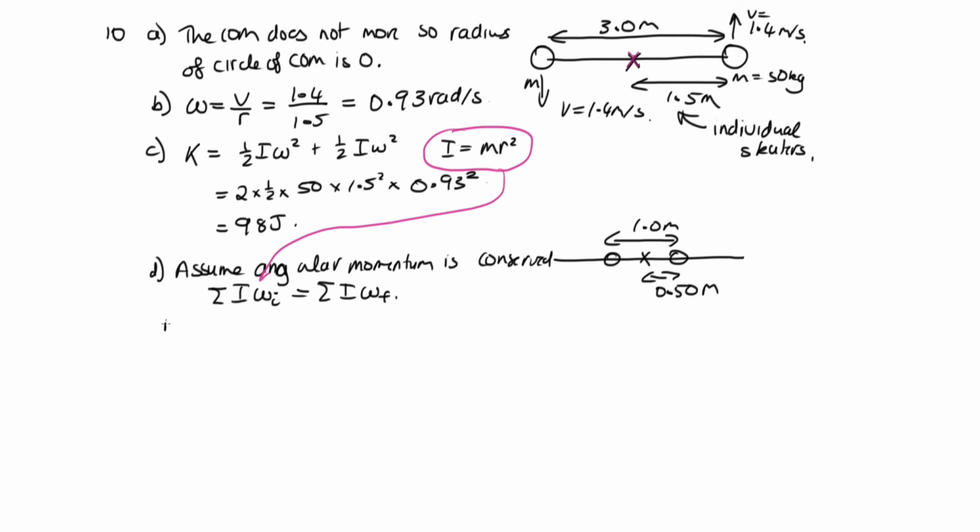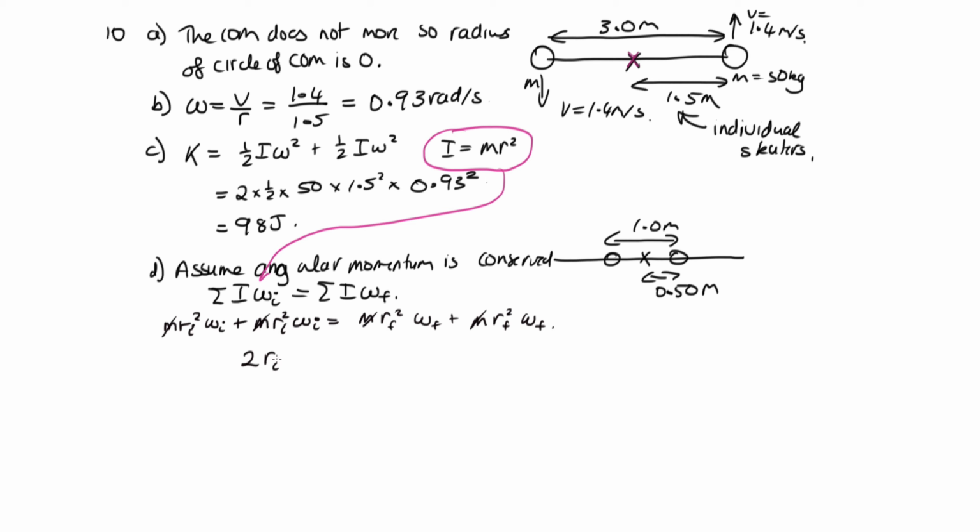So we've got the mass times the initial radius squared times omega initial, plus for the second skater the mass times the initial radius squared times omega initial, and that will equal afterwards the mass times the final radius squared times omega final plus the mass times the final radius squared, for the second skater, times omega final. Okay, m occurs in every single term, so we can just cancel it out.